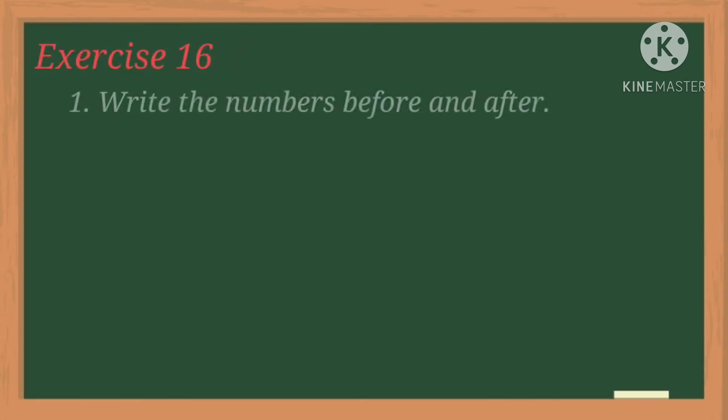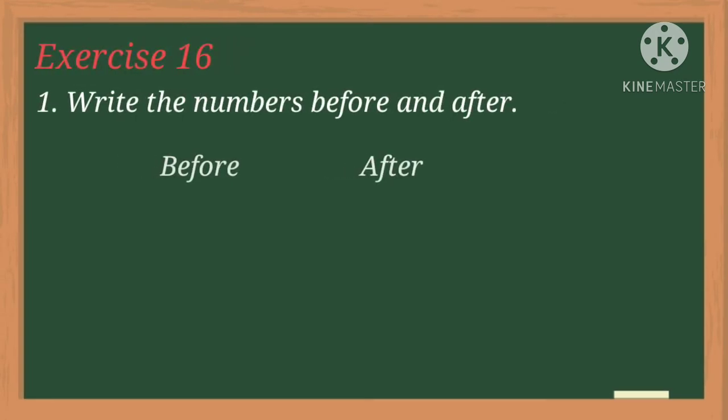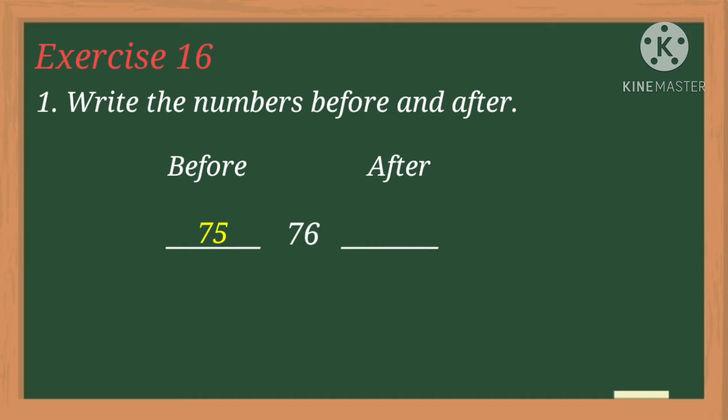We'll see the exercise 16. Write the numbers before and after. So before and after 76, we have 75 and 77. Now let's see 45. Before 45, 44 and after 46, right?